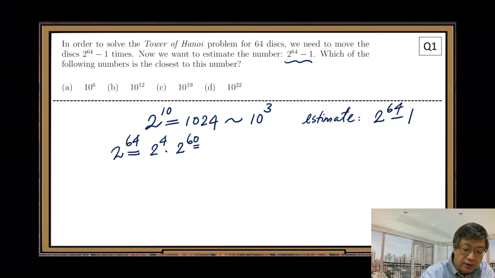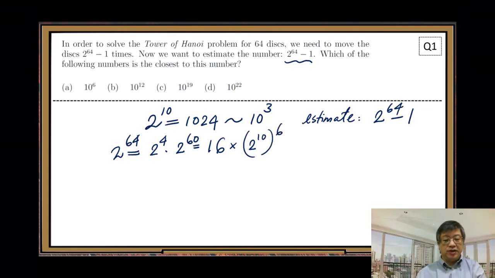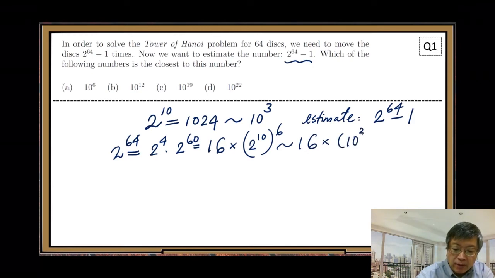Then 2 to the 4th is 16, times 2 to the 10th to the 6th. Next, approximately, this time we replace 2 to the 10th with 10 cubed.